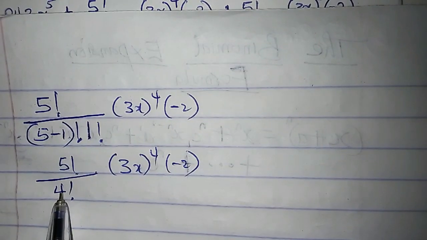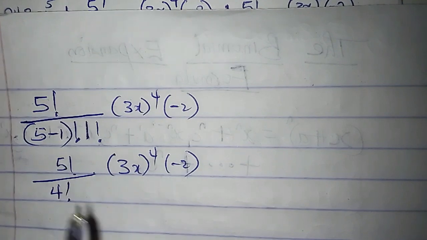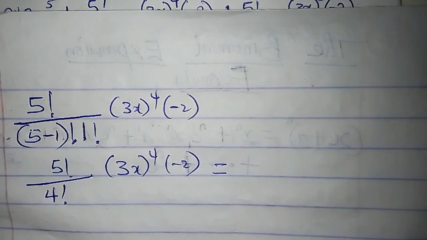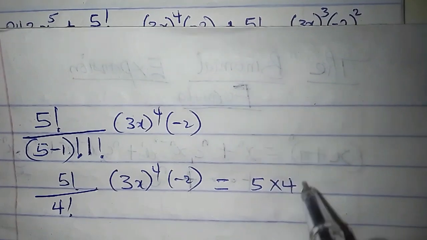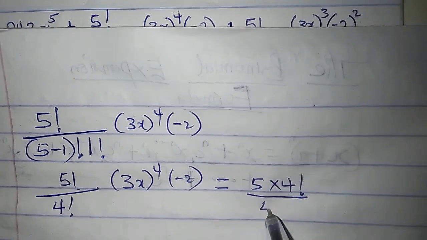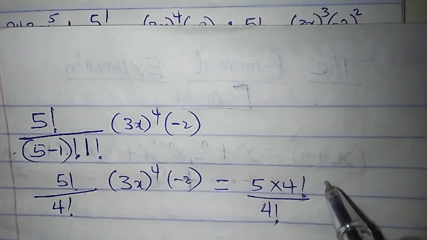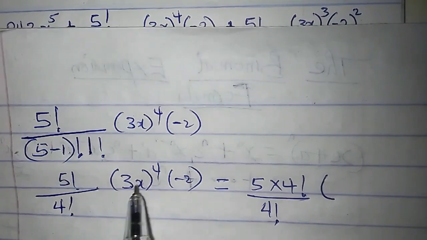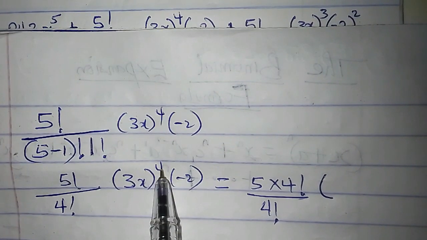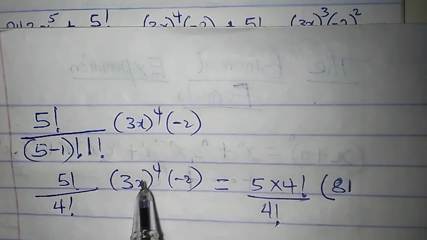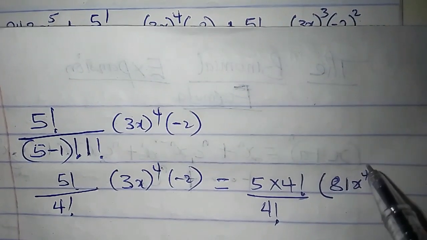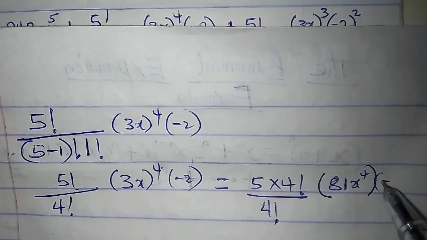4 factorial is a factor of 5 factorial, so I can write this as 5 times 4 factorial all over 4 factorial times 3 to the power of 4, which is 81. This is 81 times x to the power of 4, then times minus 2.